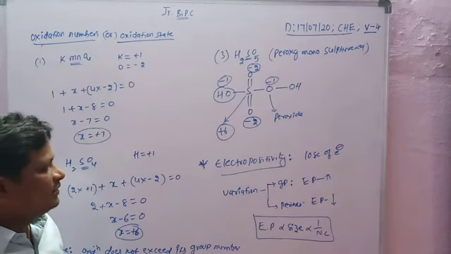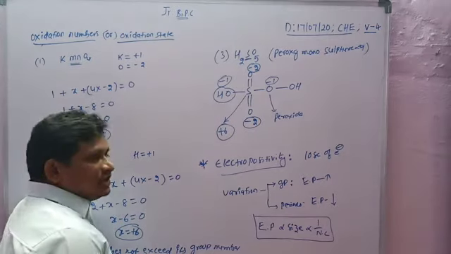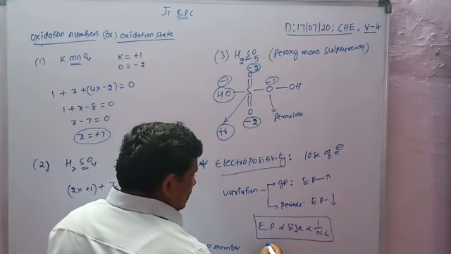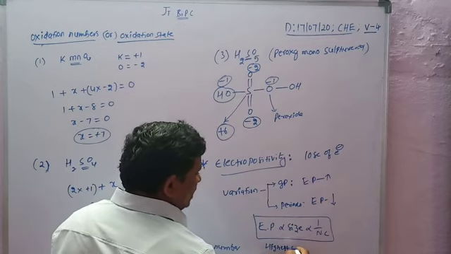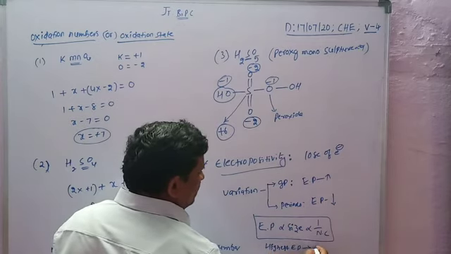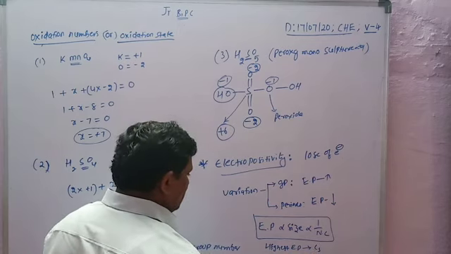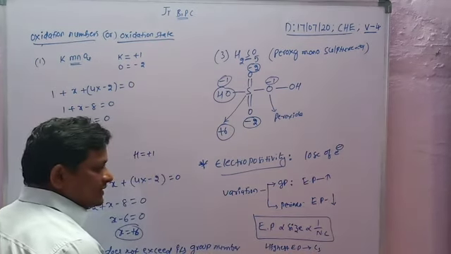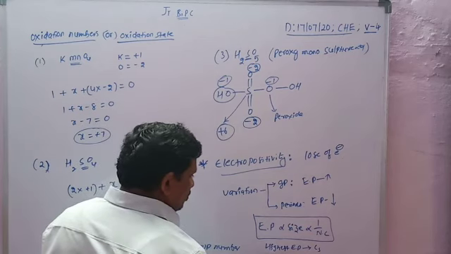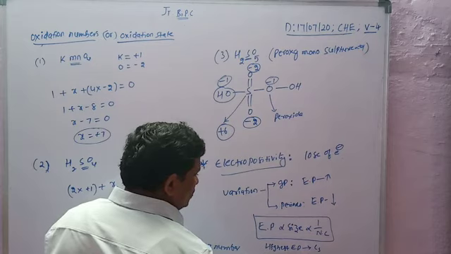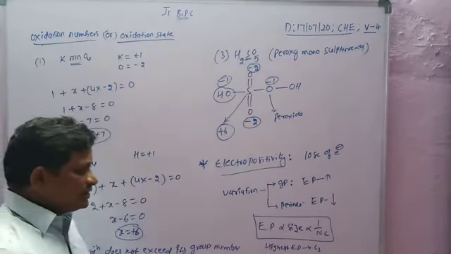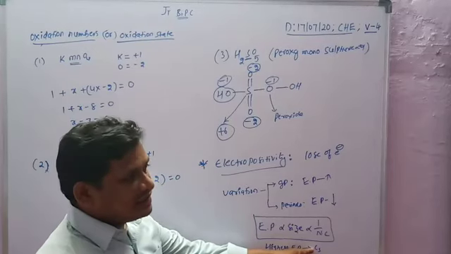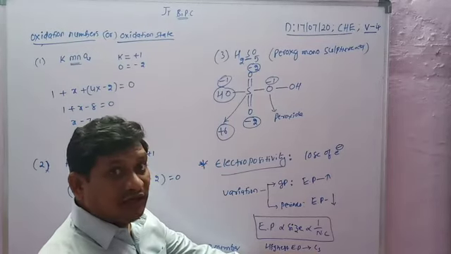In the whole periodic table, the highest electropositive element is cesium, and the lowest electropositive element is fluorine, because its electronegativity is more.